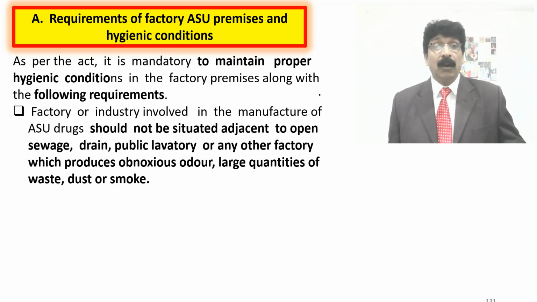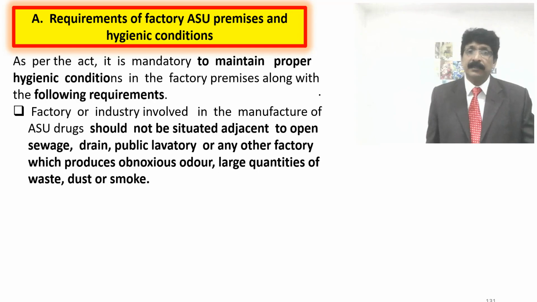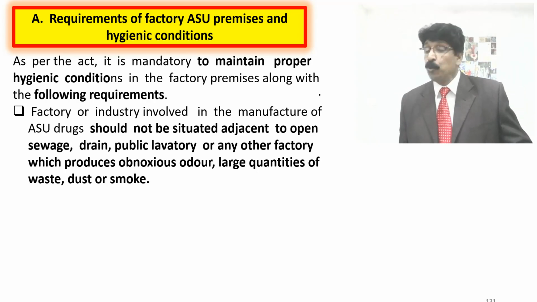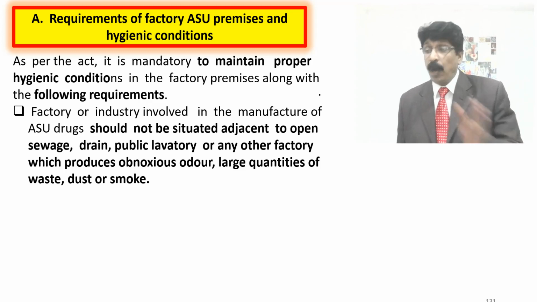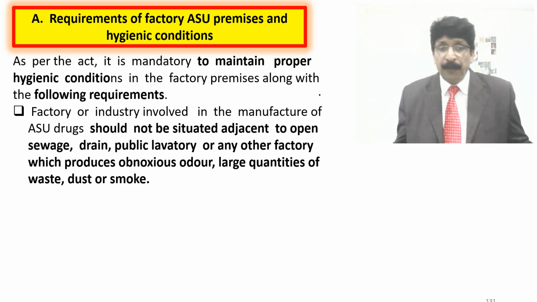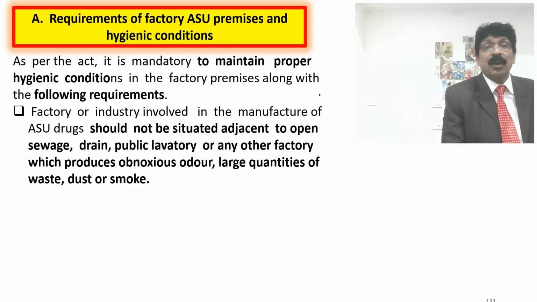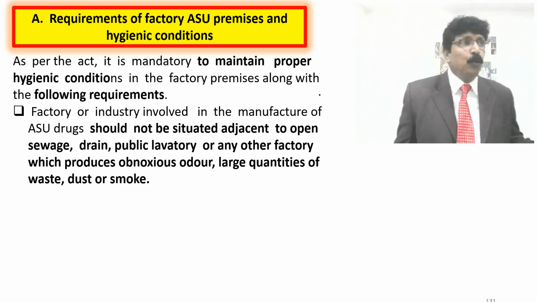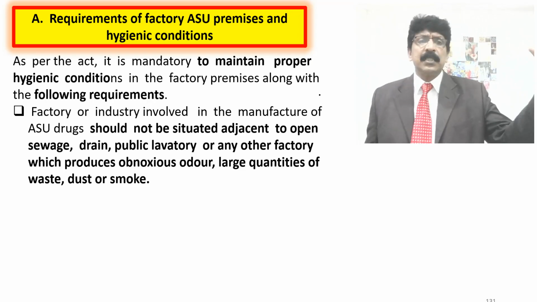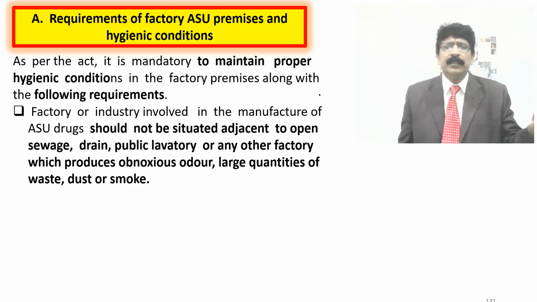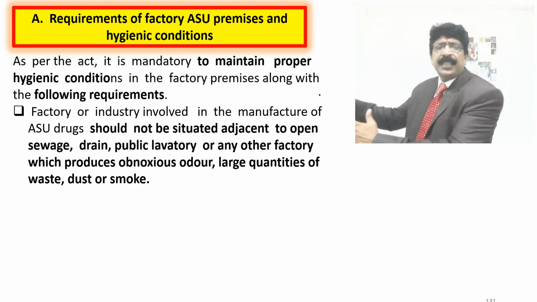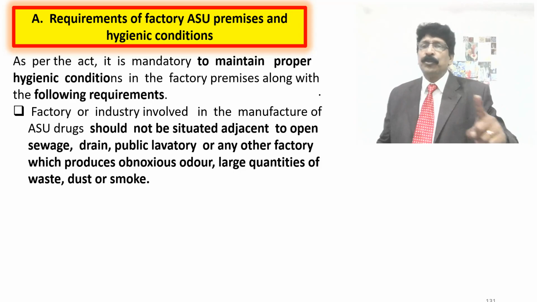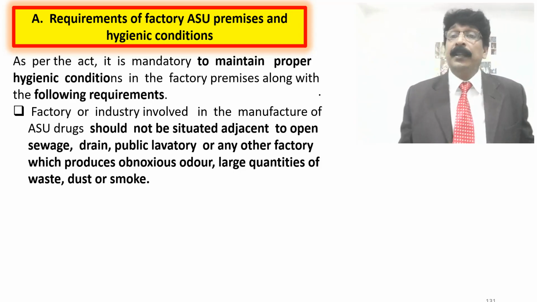A factory involved in the manufacture of Ayurveda, Siddha, Unani drugs should not be situated adjacent to open sewage, drainage, a public lavatory or any other factory that produces obnoxious odor, large quantities of waste, dust or smoke. You should not prefer the factory to be in that area.